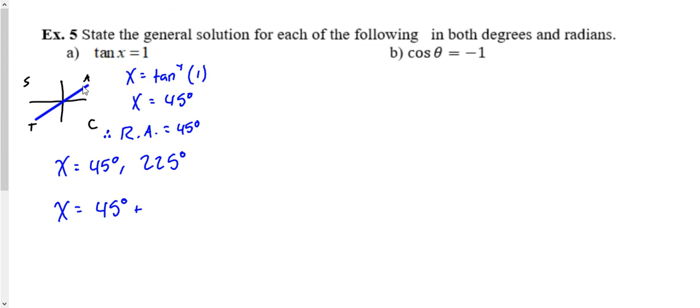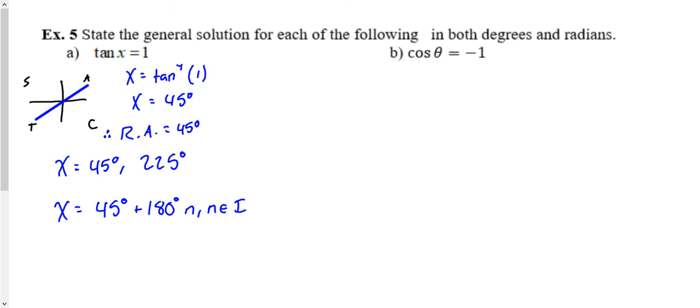That's exactly 180 degrees away from it because it's a straight line, so I'm going to go 45 degrees plus 180 degrees n, where n is an element of an integer. And if I did that now, if I subbed in the value of 1, I'd have 45 plus 180 times 1, which is now 225, and so we do get to our other angle there.